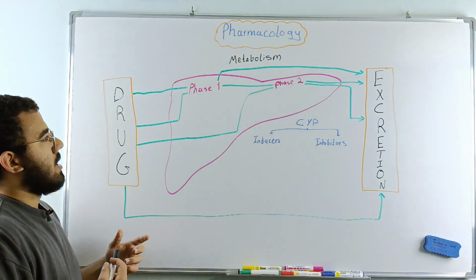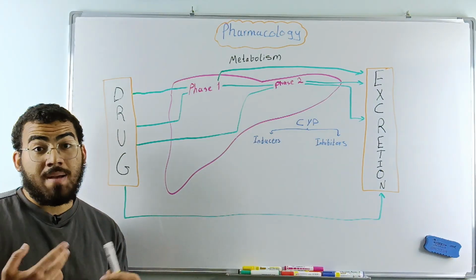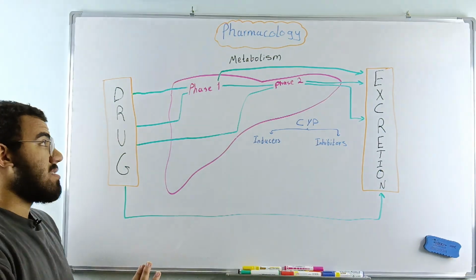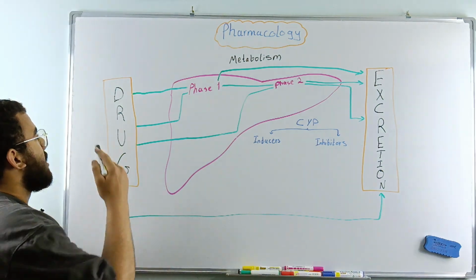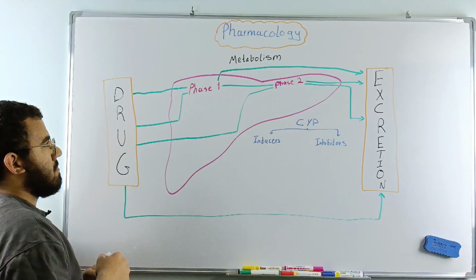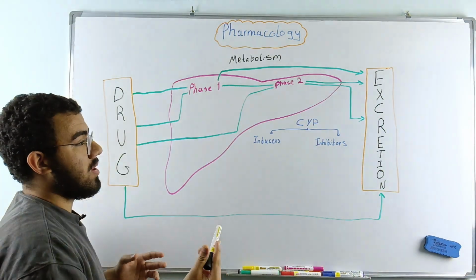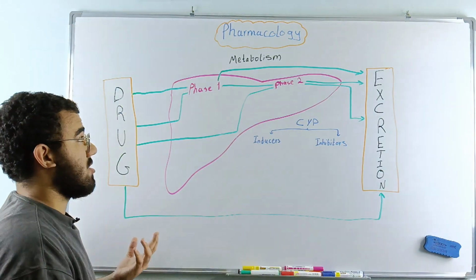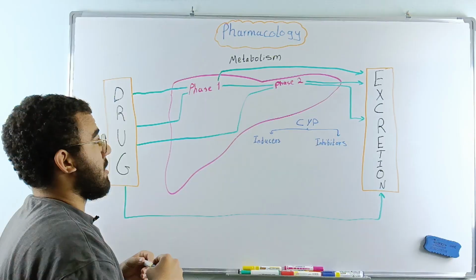So metabolism mainly happens in the liver. Not the only site where metabolism happens, but it mainly happens in the liver in two phases that we're going to explain right now. So this is our drug, and let's say when it enters the liver for metabolism, first it goes through phase one.